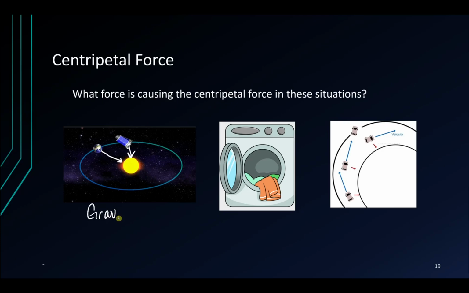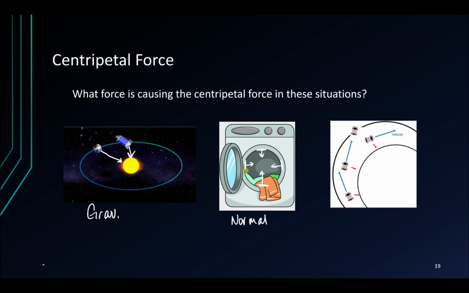So what about a laundry dryer? There is a centripetal force, right? Your clothing is feeling a centripetal force. What is the force that is causing this centripetal motion? Well, this is going to be the normal force. Your clothing is touching the surface of the dryer basket, and it is causing this normal force.